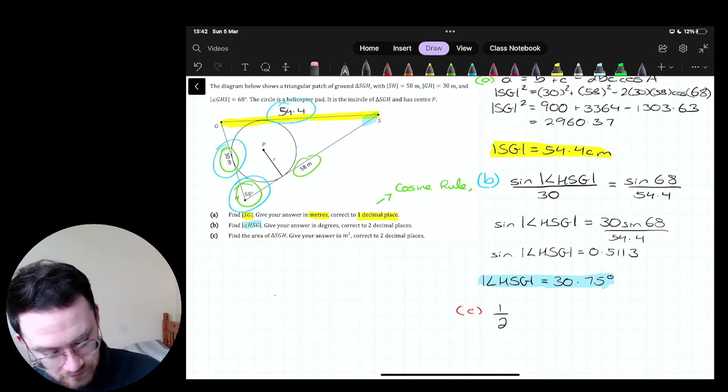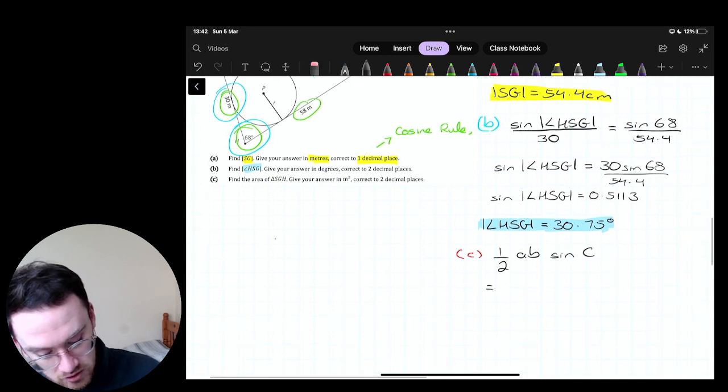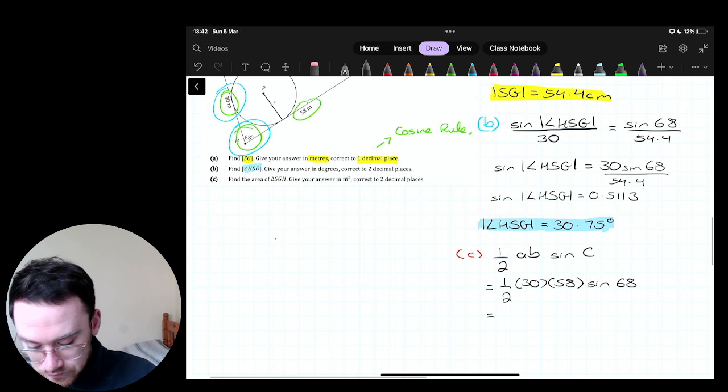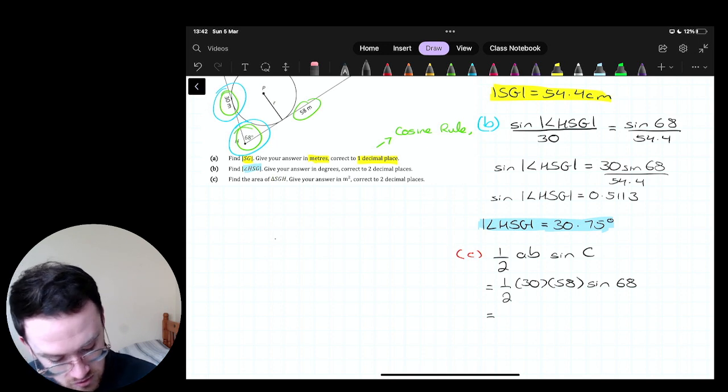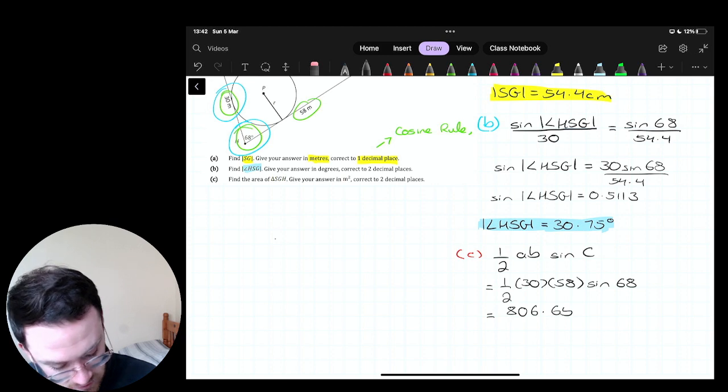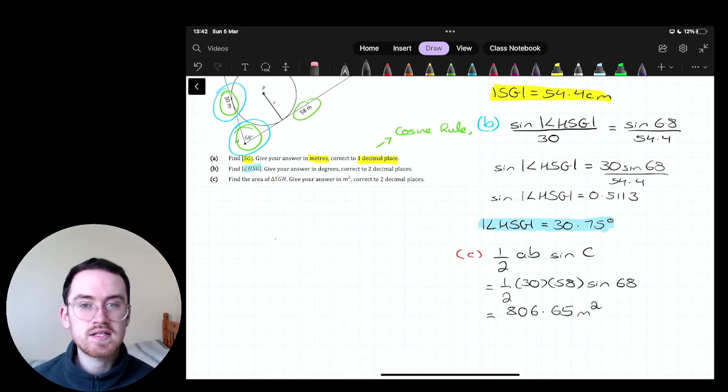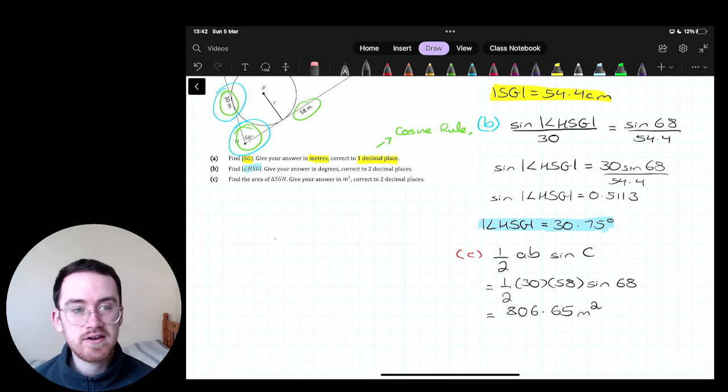So half AB sine C is our formula, and I'm going to use the two sides that I was told about in the diagram originally, and the angle that I was told also. Multiplying those, I can work out my answer as 806.65 meters squared. That is my area of that triangle.